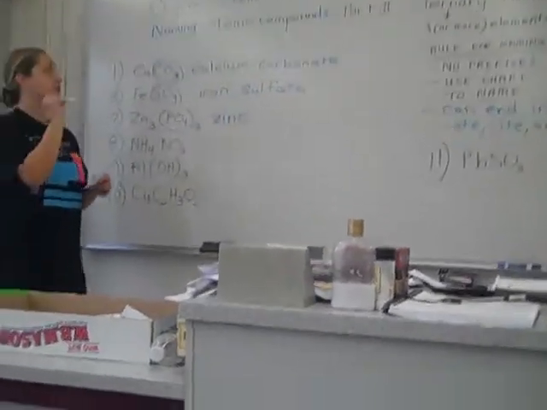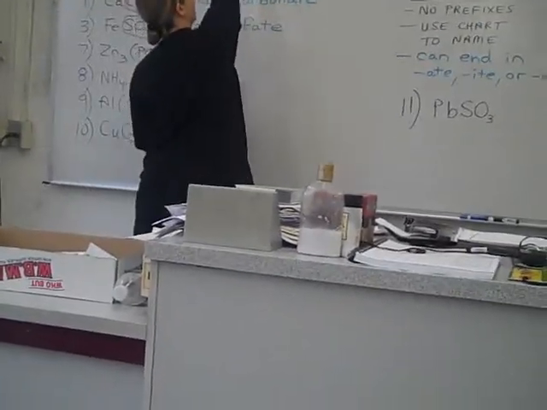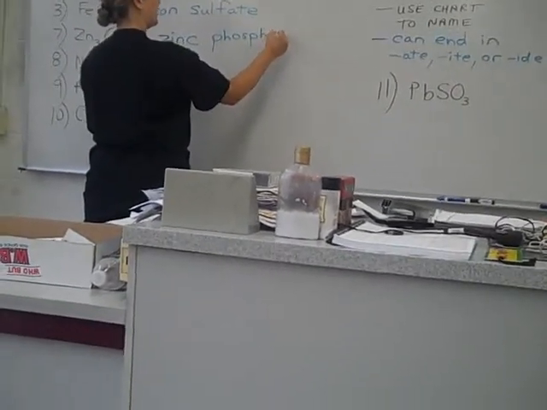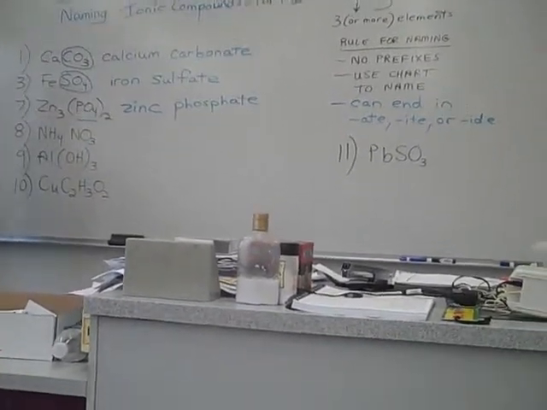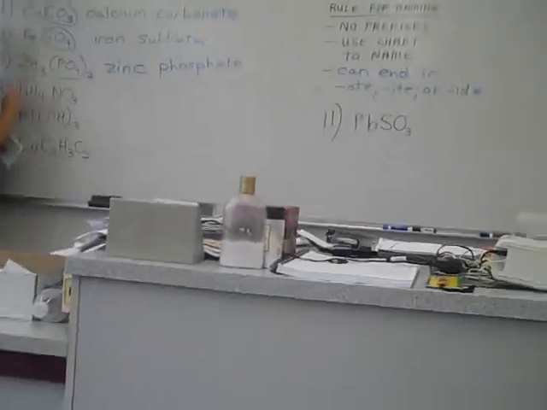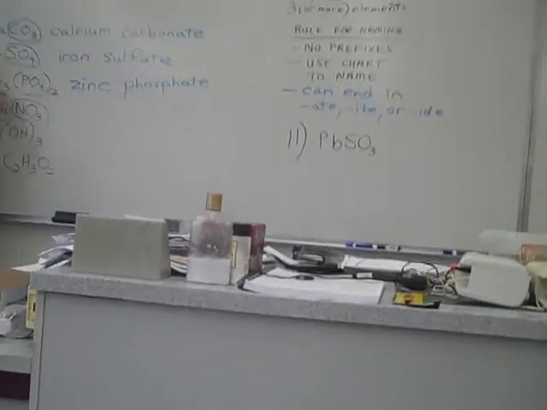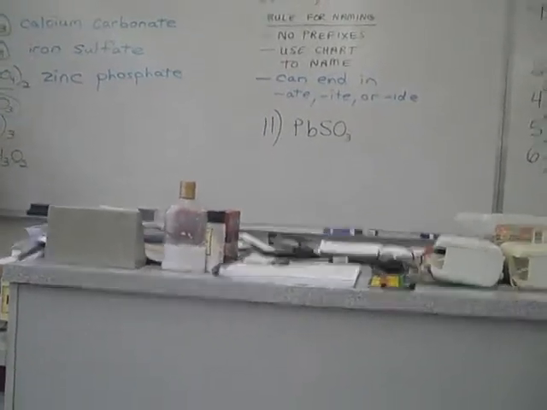Yes? Phosphate. Okay, PO4, top here, is phosphate. So you just have to use the chart to see what endings we have. Why is it in parentheses now? I will show you that next. It doesn't matter that there are 2 phosphates and 3 zincs. You're still not using those prefixes.